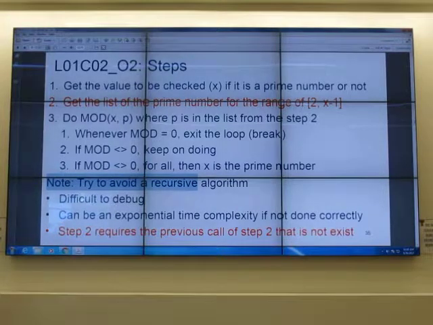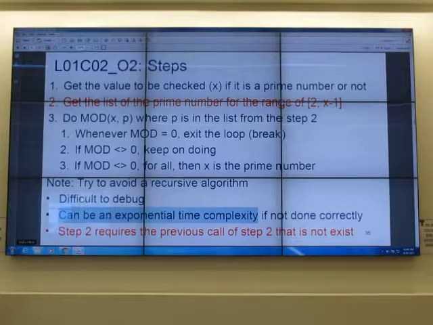One of the reasons is it is difficult to debug. Sometimes it's easier, only in that case, you try to use recursion. If it makes it more difficult to debug, don't do it. And if you use a recursive algorithm and you don't do it right, it can be a lot slower than usual.